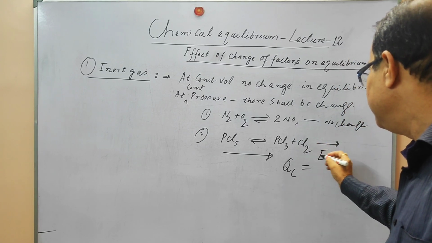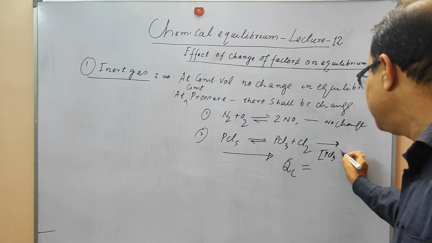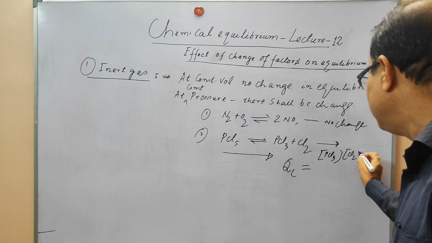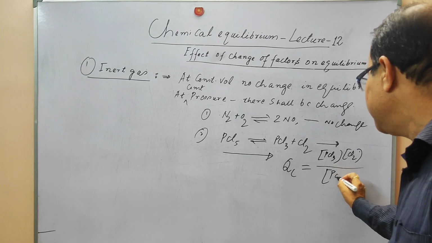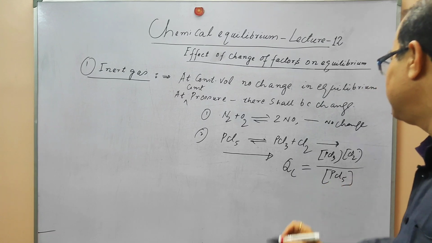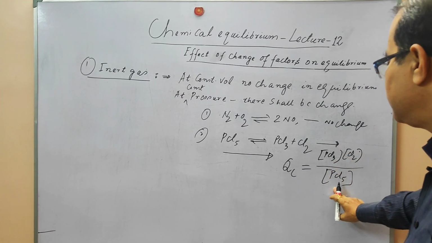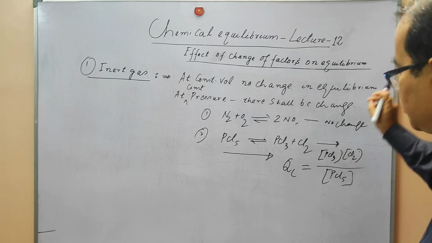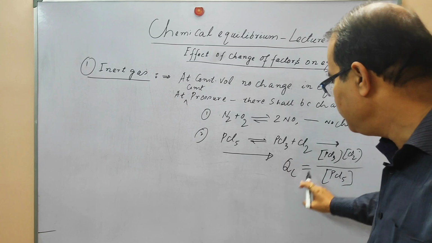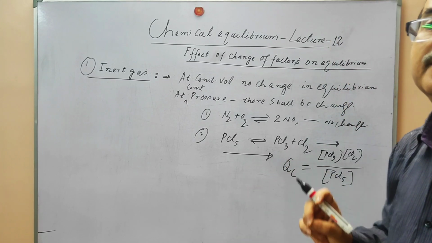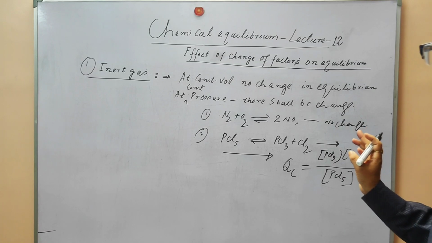In the numerator there are two concentration terms, PCl3 and Cl2, and in the denominator there is one concentration term. So when we change the concentration, the quotient will be less than the equilibrium constant, so the equilibrium goes in the forward direction.